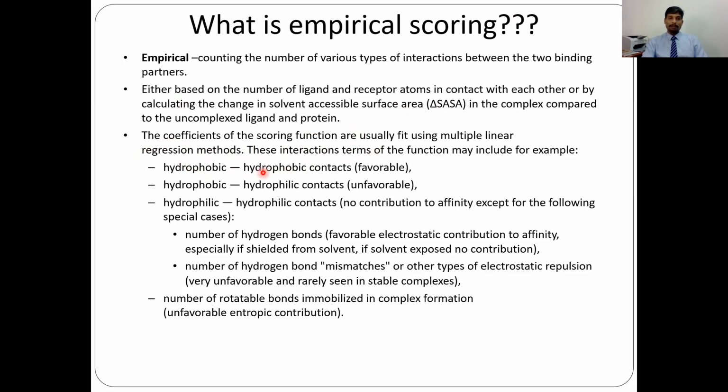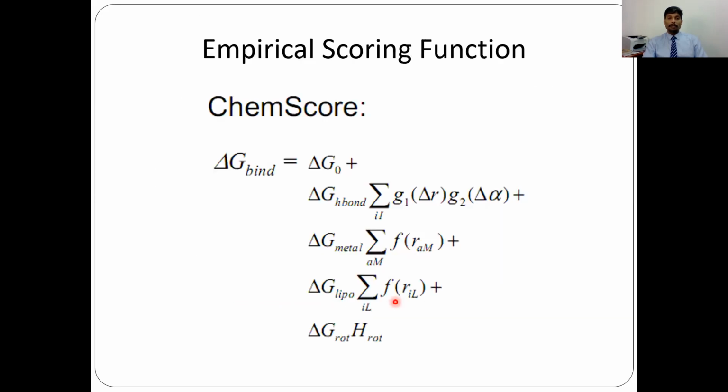These interaction terms: hydrophobic interactions are favorable, right? Hydrophobic is always favorable, hydrophilic unfavorable. Hydrophilic makes no contribution to affinity except in special cases, like the number of hydrogen bonds, the number of hydrogen bond mismatches, if it is hydrophilic with hydrophilic, and the number of rotatable bonds immobilized in the complex formation.